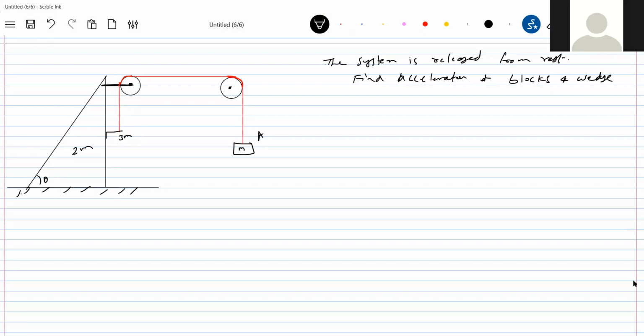Sir, is that pulley fixed? I'll draw it. Okay, the question: find the acceleration of block and the wedge. The system is released from rest and this pulley is connected. This should be a rod. It cannot be a string.